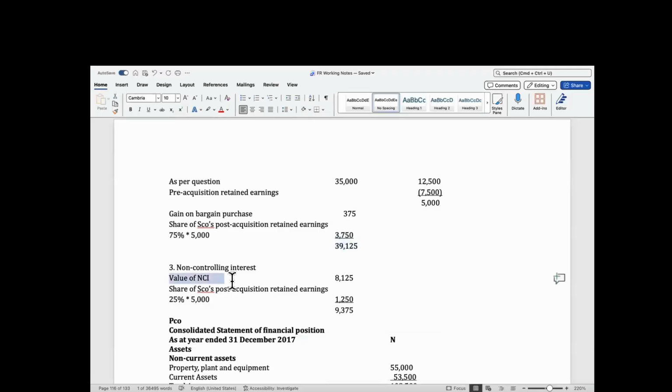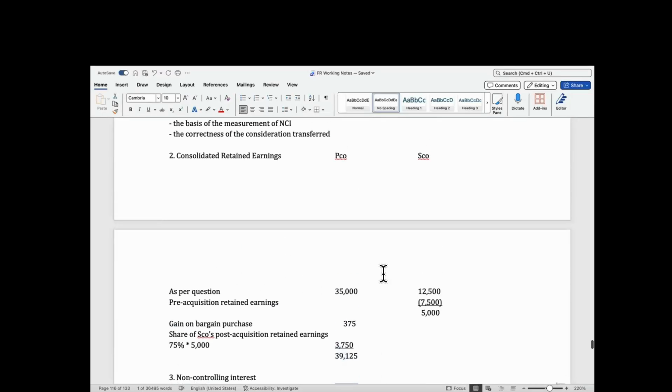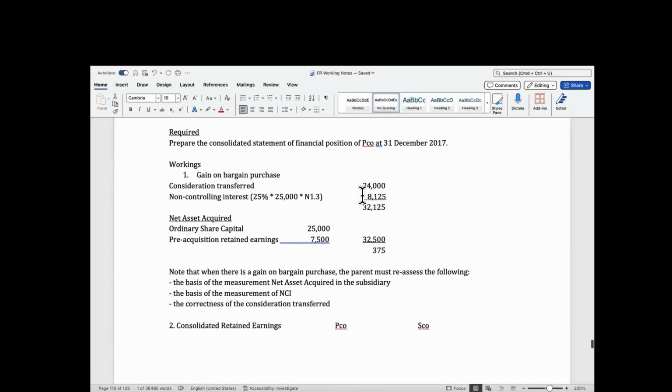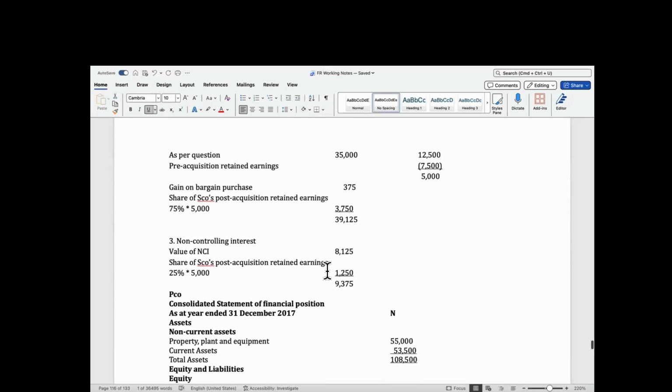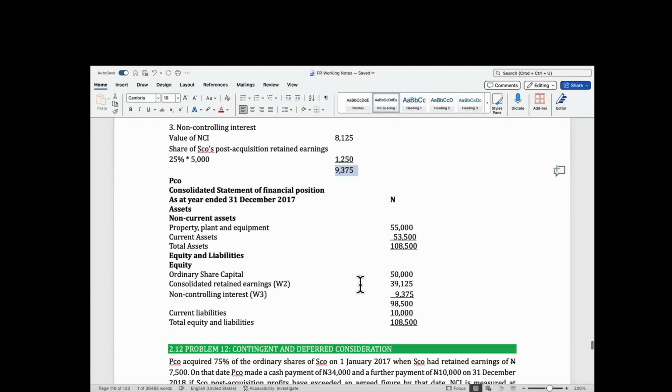NCI, value of NCI 8,125. Remember, I got it from here. Then it gets its own share also of the post-acquisition retained earnings. So I have a total of this, and I can consolidate my figures together.